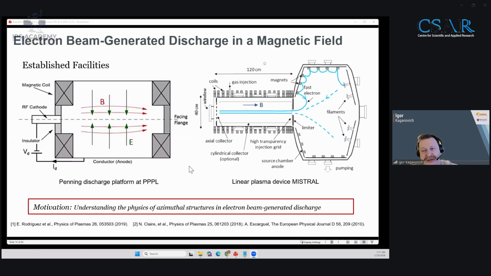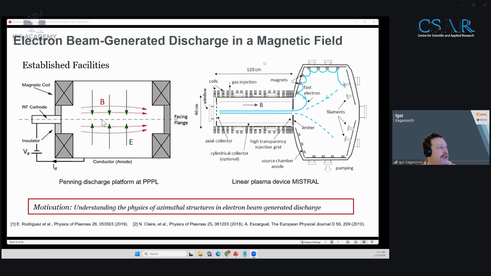Okay, now moving to more complicated things. If you have a magnetic field, as with everything, with a magnetic field everything becomes much more complicated. And so a magnetic field is often used to control this electron beam propagation. So we have electron beam-generated plasma in PPPL.